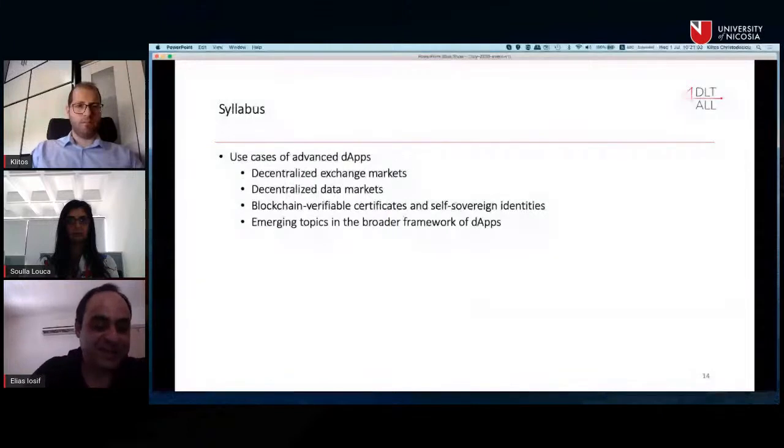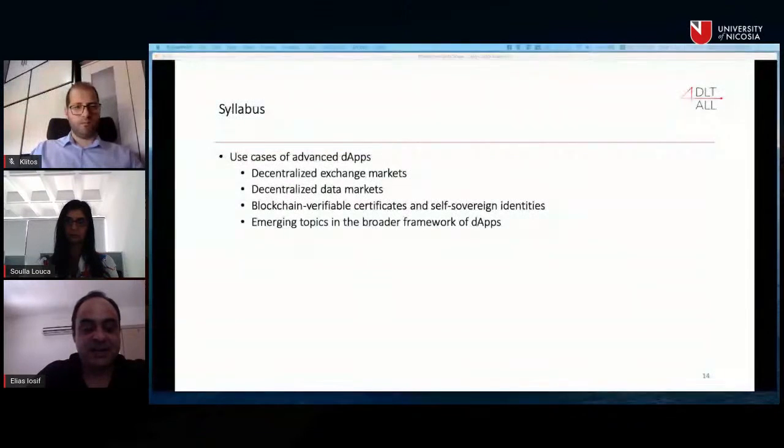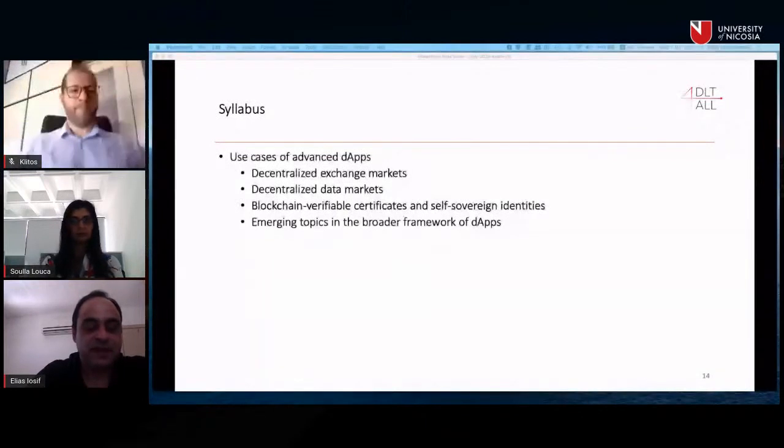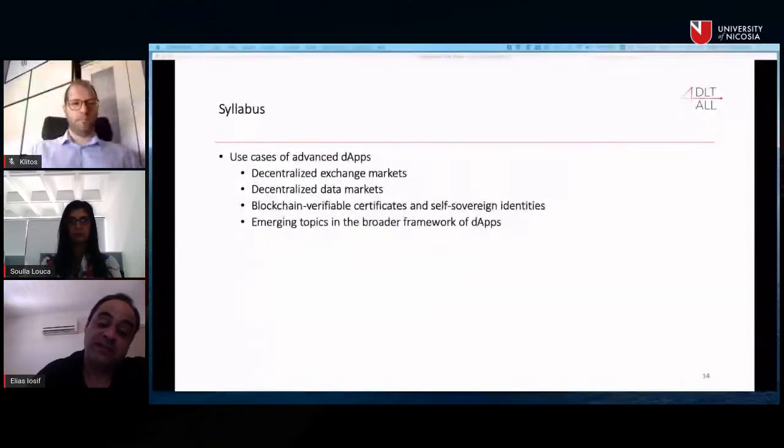Yes, thank you, Klitos. I think that so far the structure of the material creates an excellent background from various perspectives for both basic groups, namely the business-oriented group and the technology-oriented group, to start discussing use cases.